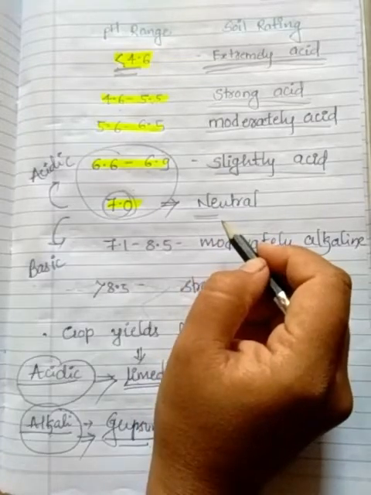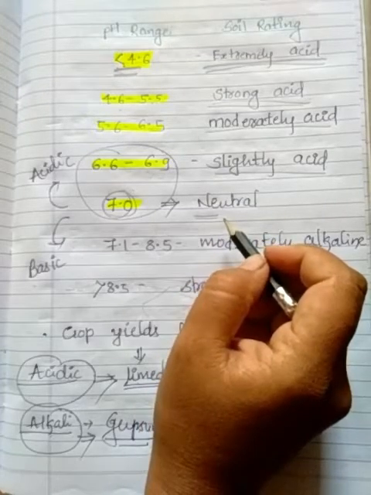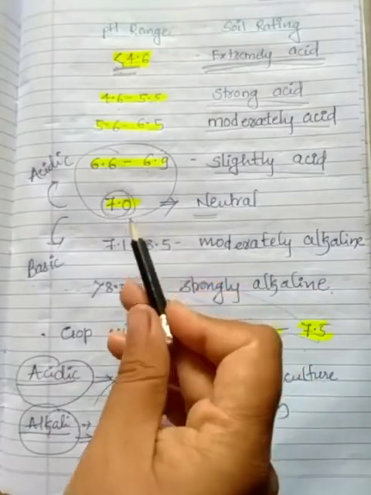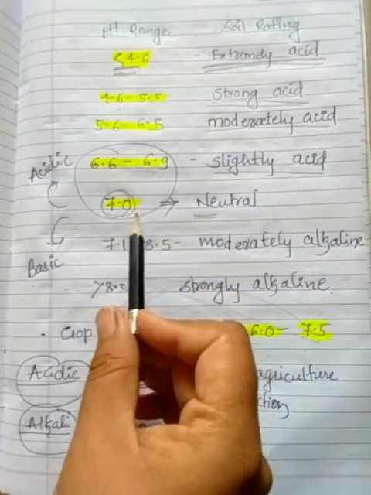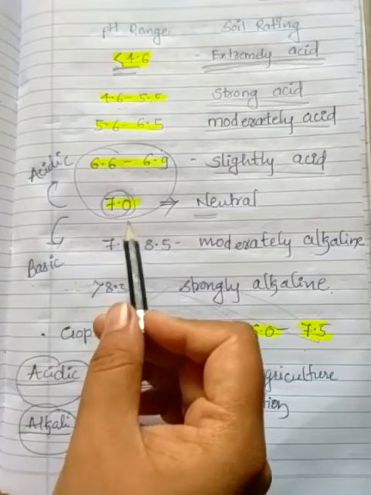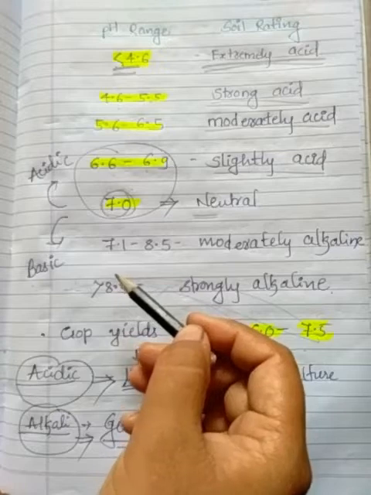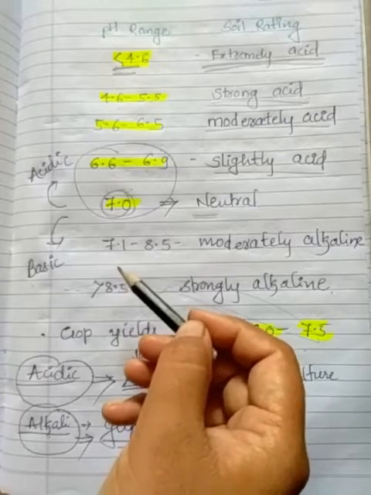As you know, the normal pH range of any solution, you already know about that in the acid base concept. If the pH is only 7, then our compound is neutral in nature, and if it is below that, it is acidic, and if it is above that, it is basic in nature. The same thing happens here also.